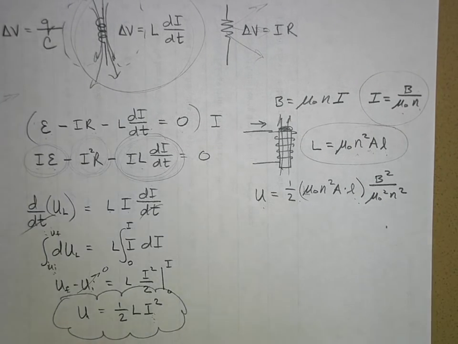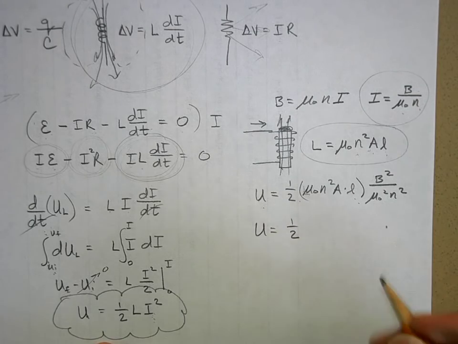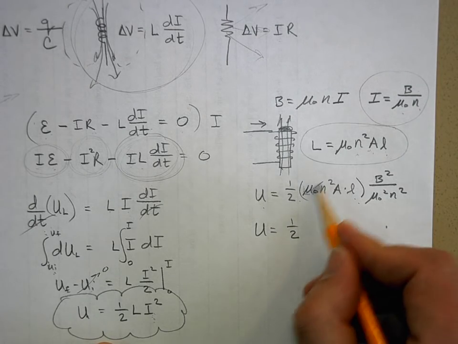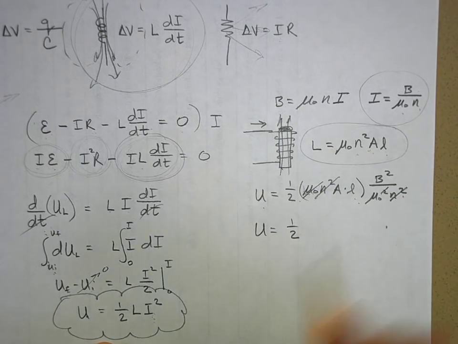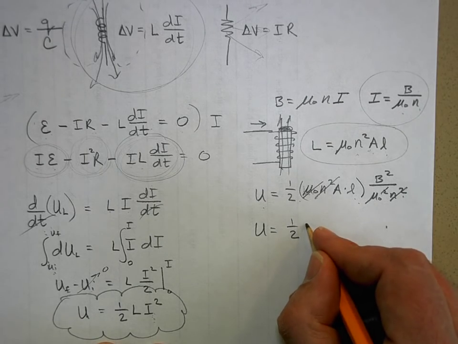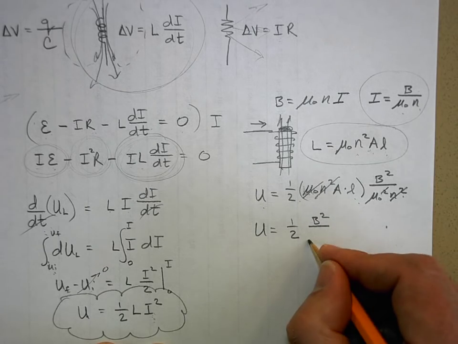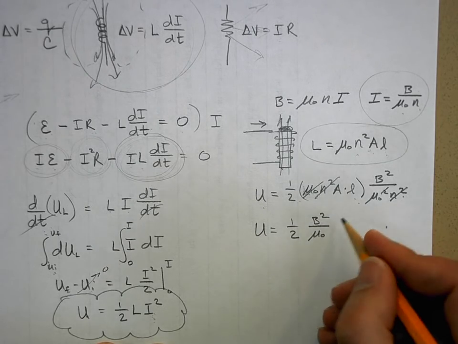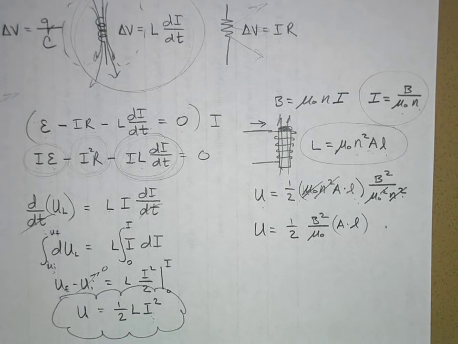Well, now I just need to clean this up, and a lot of it does clean up. You got 1/2 still, but you got a mu naught canceling with the mu naught squared. We have an n squared that goes away, and then we have a B squared over mu naught, and then we have this A times L. So there's my expression.